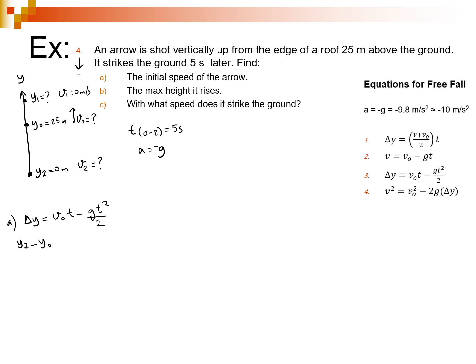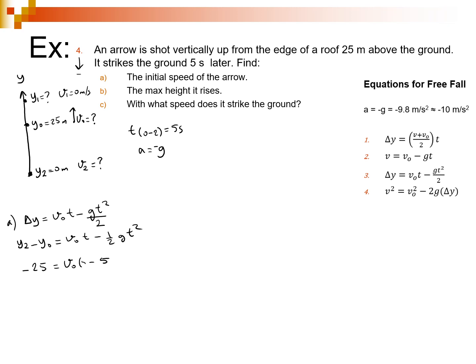Delta y equal to v0 t minus 1/2 g t squared. So y2 is 0 and y0 is 25. So this is -25 equal to v original t minus 5. Oh, I do know what t is. t is 5.